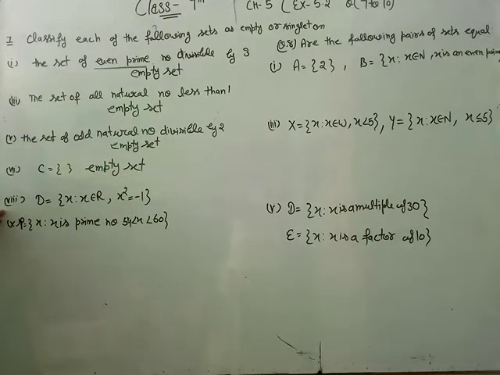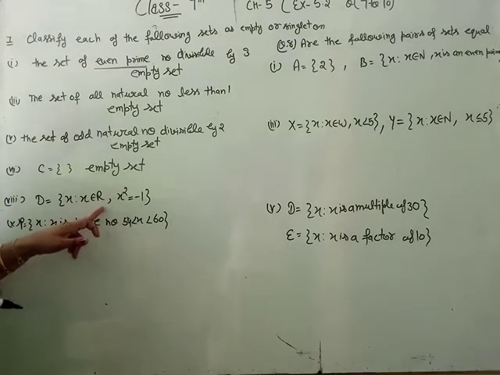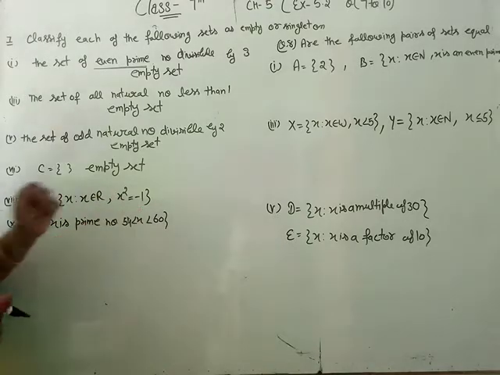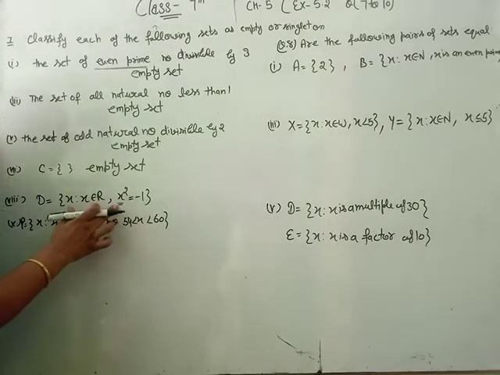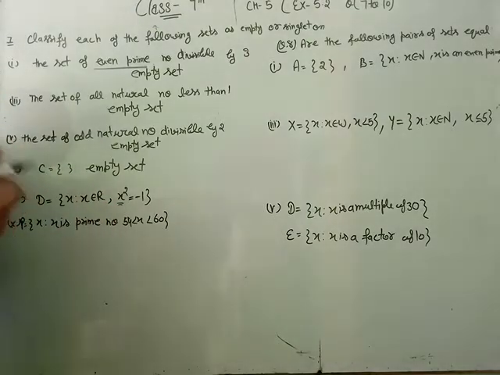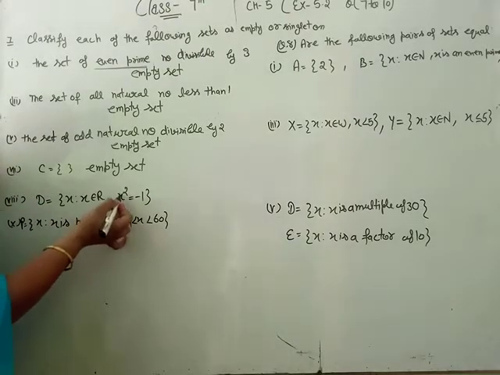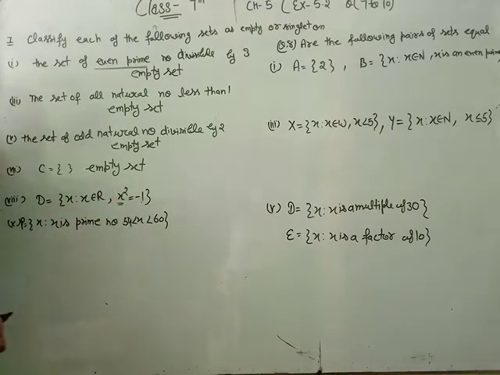Next is part number 8: set D equal to x such that x belongs to real numbers and x squared equals -1. Students, the square of any real number is always positive, but here the square equals -1.